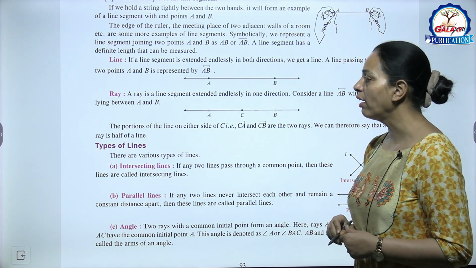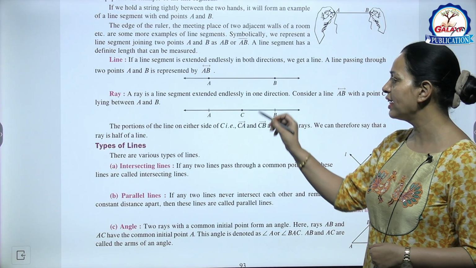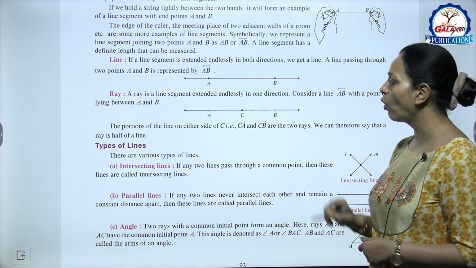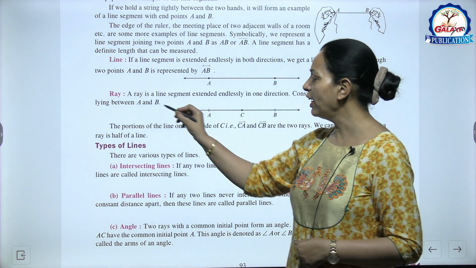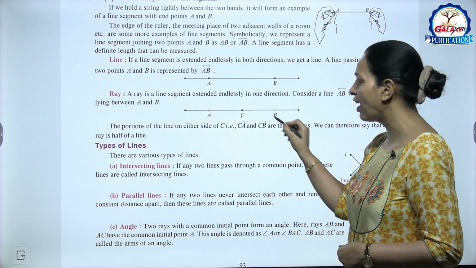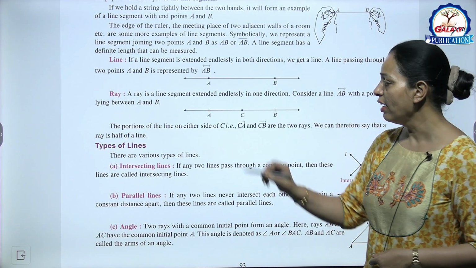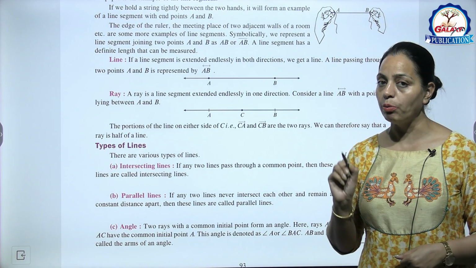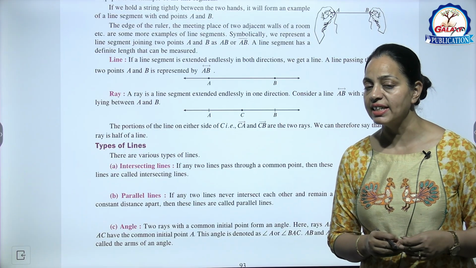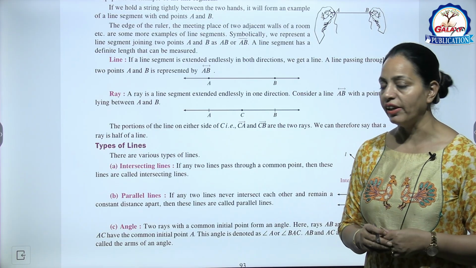Okay, now ray. A ray is a line segment extended endlessly in one direction. Consider a line AB with the point C lying between A and B. So here CA or CB, these are the two rays. A ray has one end point, meaning the initial point, and it can be extended in one direction.